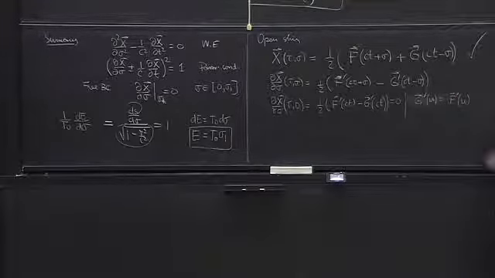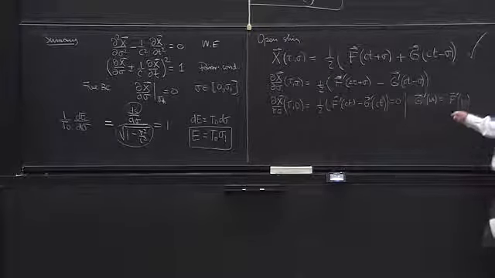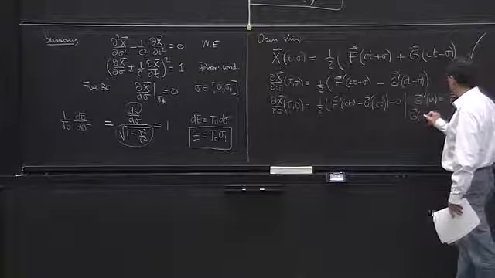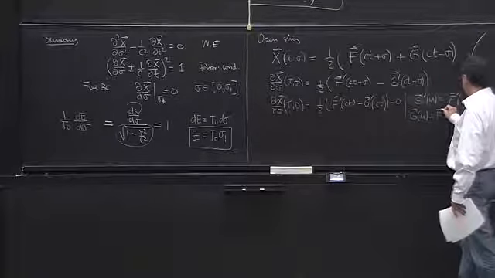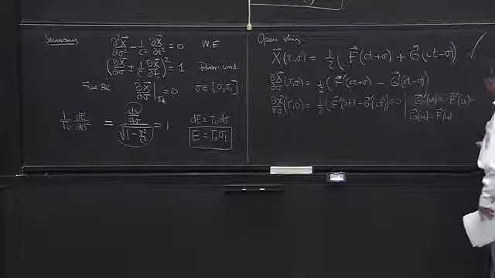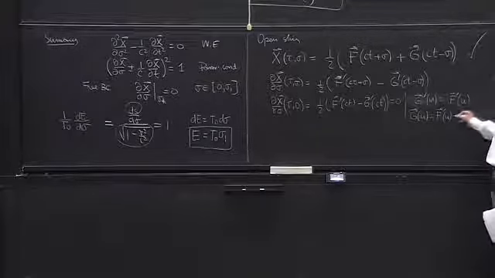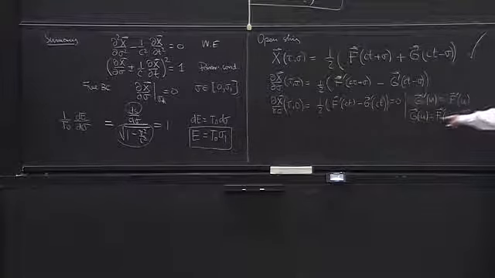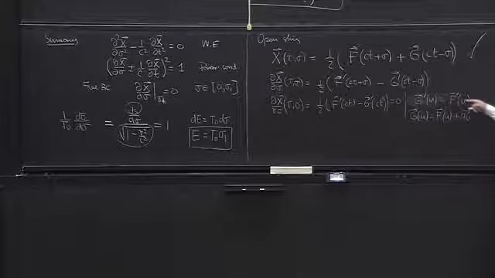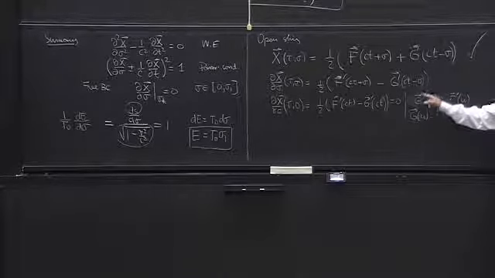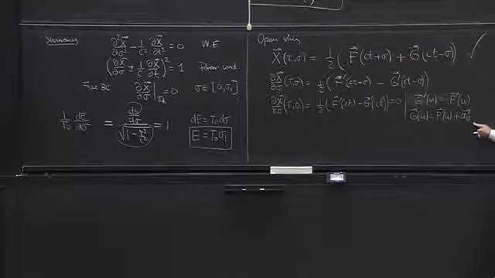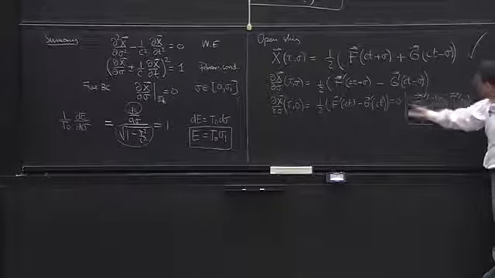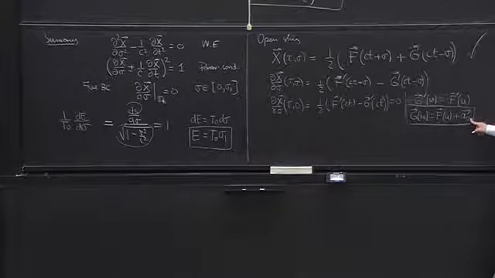So g prime of u must be equal to f prime of u, which means that g vector of u must be f vector of u plus something independent of the argument, a constant vector, a0. I'm sorry, no prime here, I integrated. Now if you differentiate with respect to u, you get this, and this is 0 because it doesn't depend on u. So I've learned that up to an annoying constant, g is the same as f.